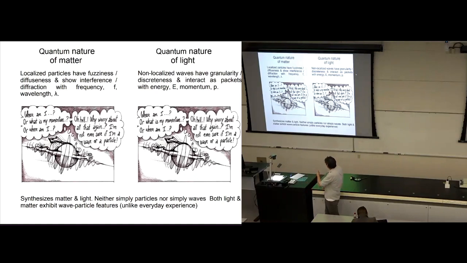And then over here on the left-hand side, the new thing is that matter not just has particle-like properties, it has a fuzziness or a diffuseness to it. Electrons or atoms or molecules have a diffuseness that reflects the wave-like properties of matter, and they exhibit a wavelength.